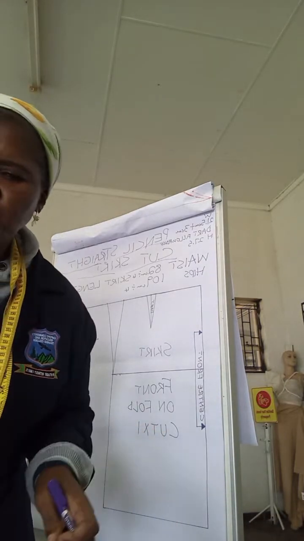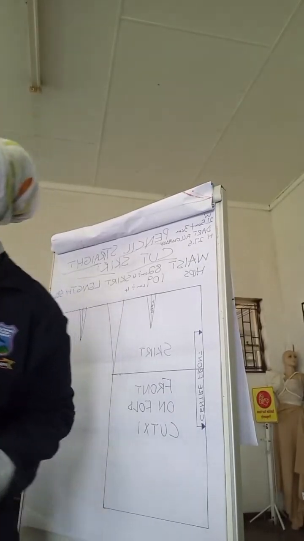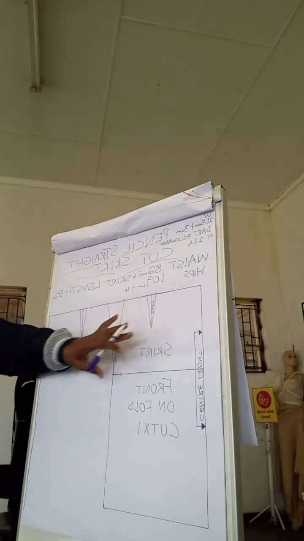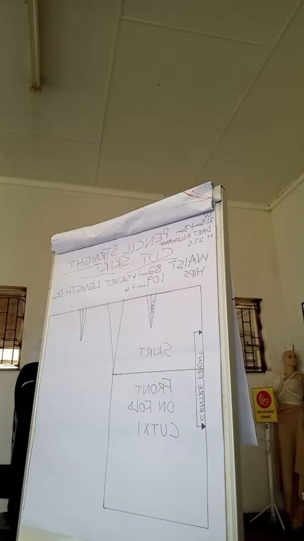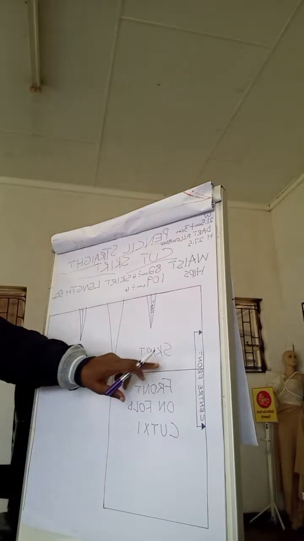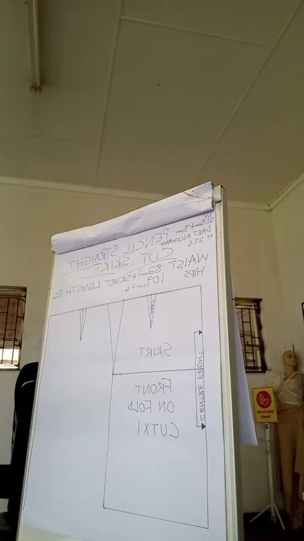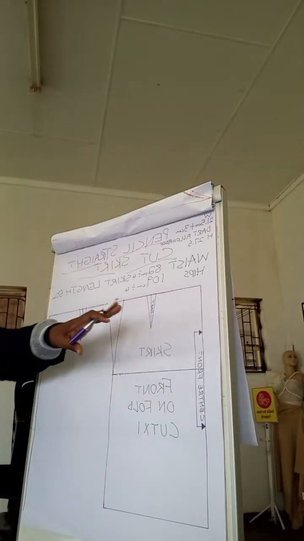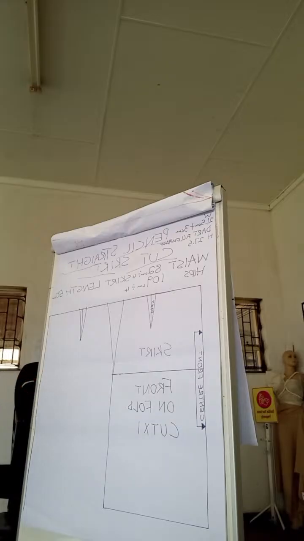That's how we do it when we are cutting a skirt. You know that when you are cutting, the front is going to unfold, the back is not unfolded. Obviously, you're still going to trace this out and make a working pattern. This is just only a block pattern.